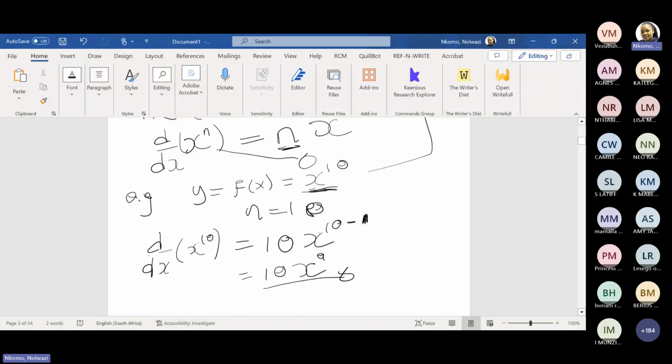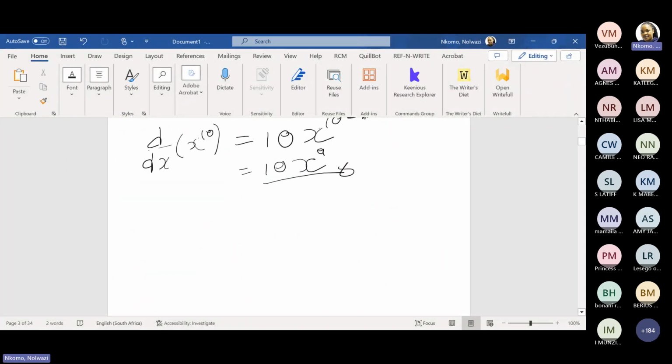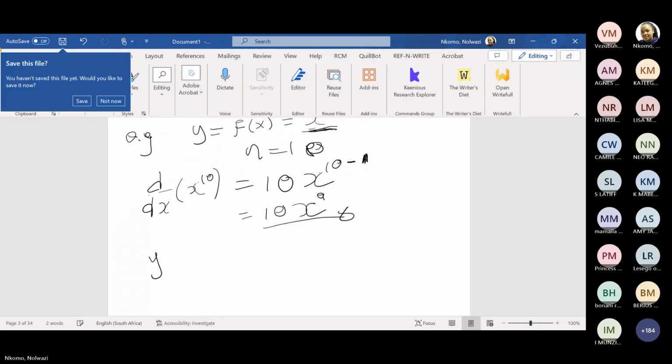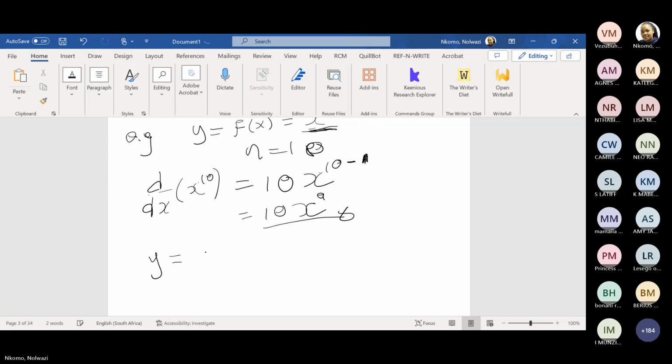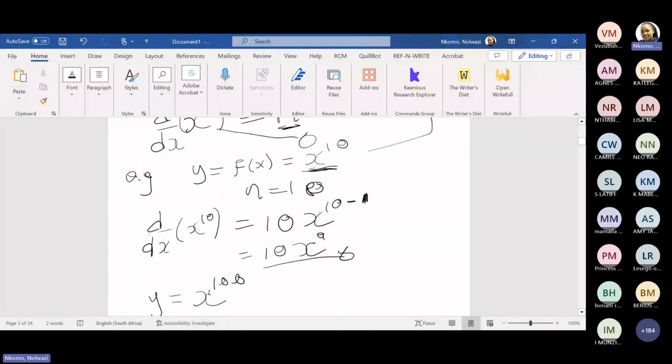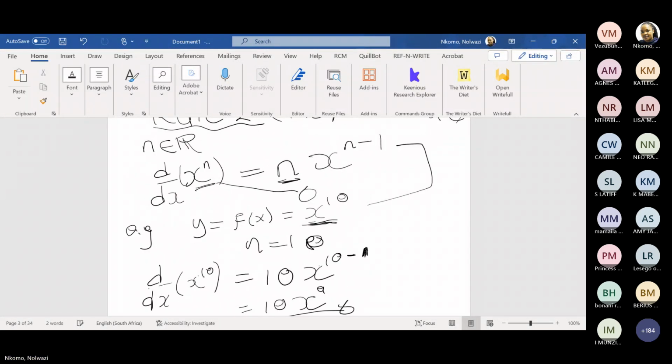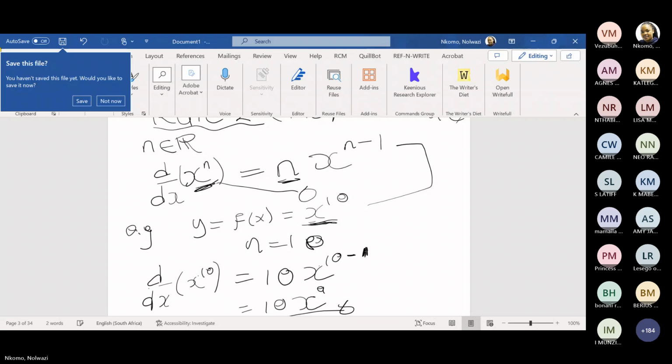Again, let's do another one. Say you are given y equals x to the power 100, right? If you compare this x to the power 100 and this function, you can conclude that your n is now 100, right?